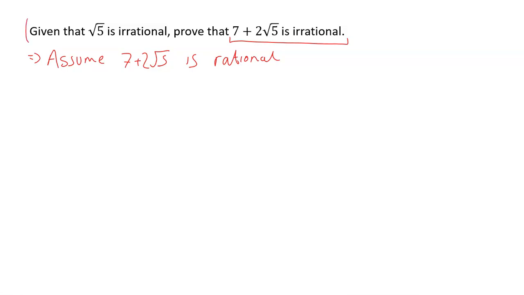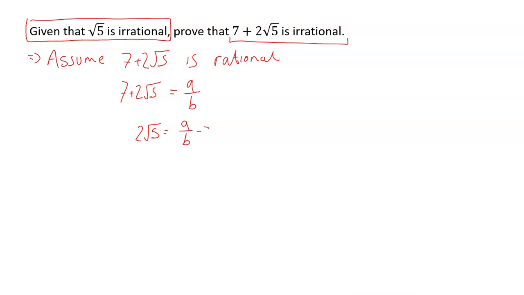This part here, that root 5 is irrational, has been stated and is given. Root 5 is an irrational number, so we don't work on that. We're looking at the result and the outcome. So if I assume that 7 plus 2 root 5 is rational, that means that 7 plus 2 root 5 takes the format of a over b. Now I can start to manipulate that, because what I can then do is say that 2 root 5 is equal to a over b, take away 7.